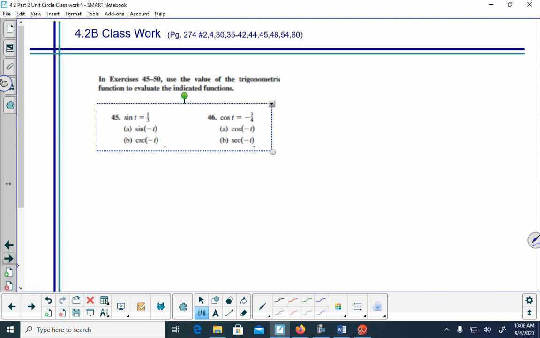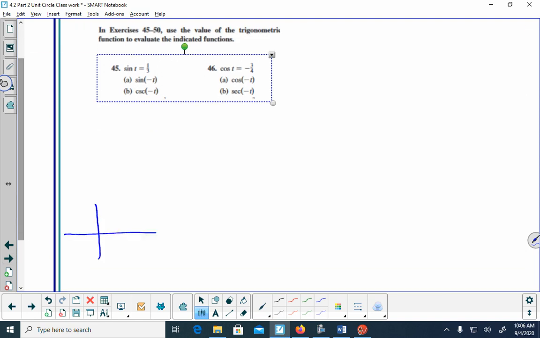Okay, 45 through 50 is using your even and odd function. So sine, the first one, sine is an odd function. So what that means is if I have an angle here, and if this were, let's do 30 degrees, that's the easiest one to do. Square root of 3 over 2, 1/2.